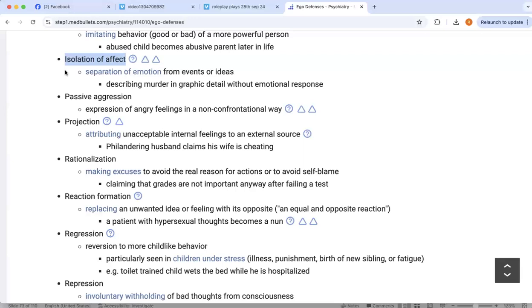Isolation of affect means separation of emotion from a particular event or idea. Like a patient who has been charged with murder is describing how he murdered an innocent person in graphic detail without any emotion. That is separation of emotion from some event, and that is what we call isolation of affect.